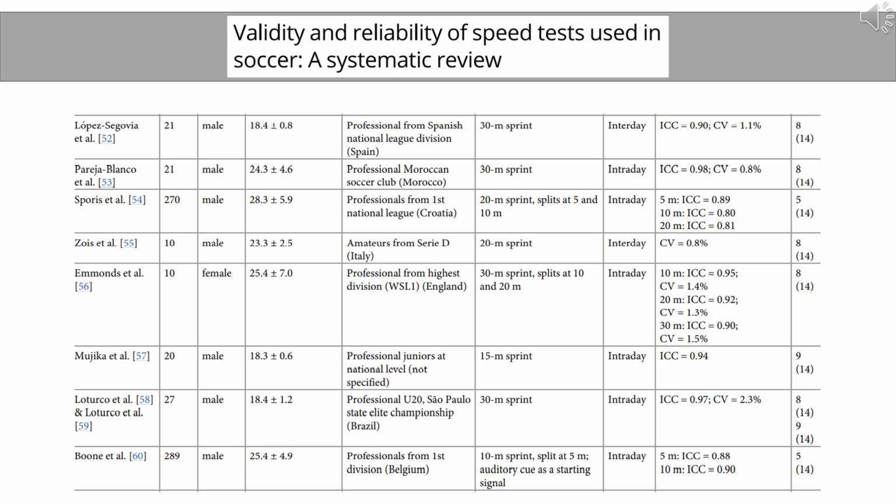So generally speaking, consistency as measured through the coefficient of variation is very good, with all values less than 2.3, and ICCs all being above 0.8 typically indicate that these tests show good or excellent reliability and very, very good consistency from the CV.